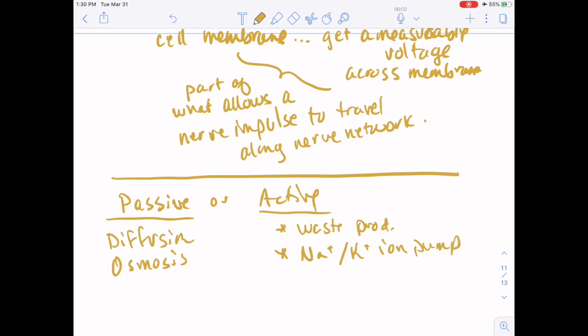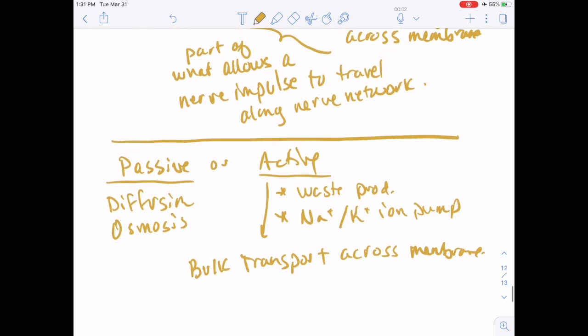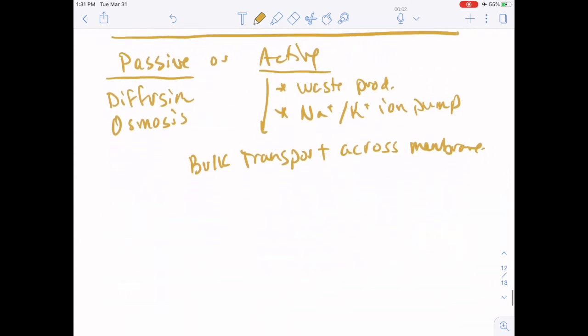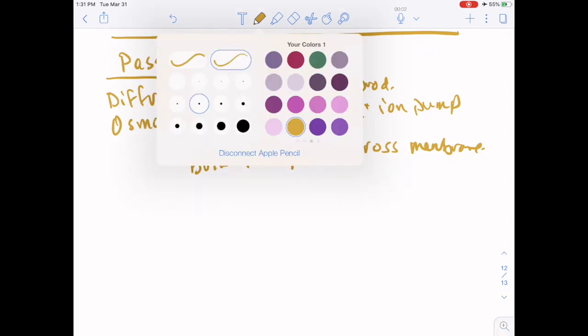There's another form of active transport that I want to talk about that is bulk transport across membrane. Bulk transport. Transport of really big molecules or several molecules at a time. One of these you have already seen.